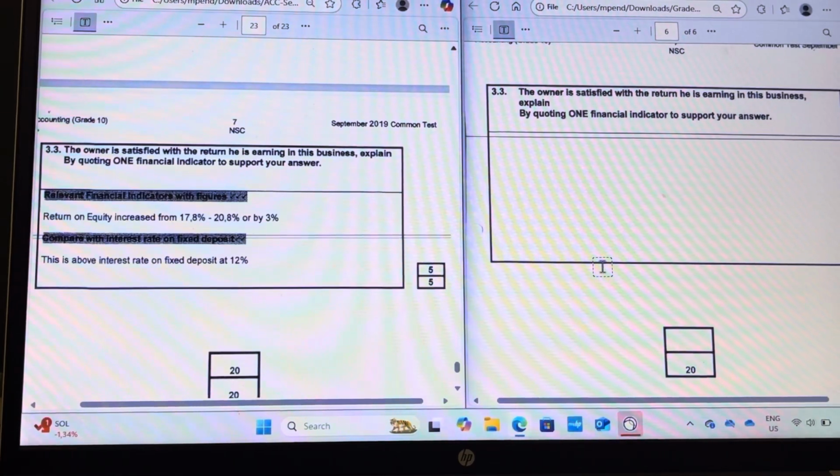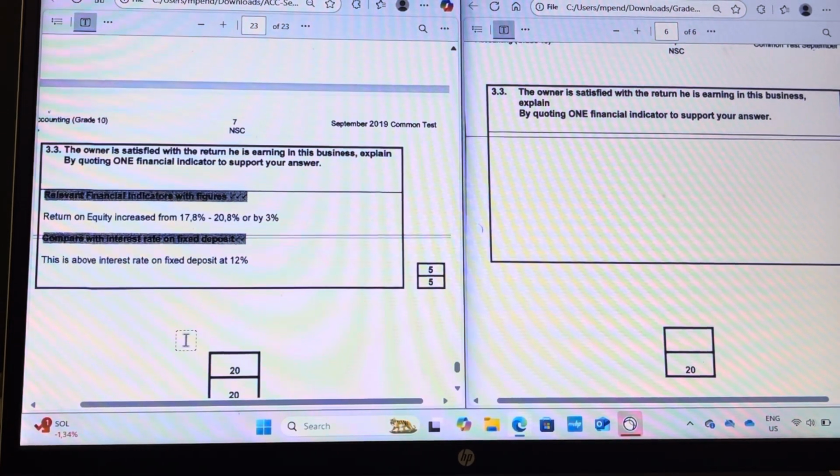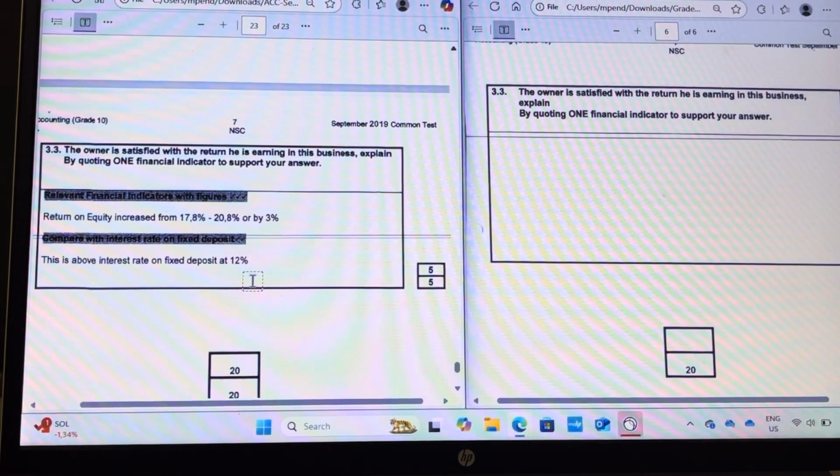Or you can just calculate a new one, return on equity. And in order for an owner to be satisfied truly, it has to be above an interest rate of some sort. As you can see here, it's above the interest rate on fixed deposit, which is 12%.